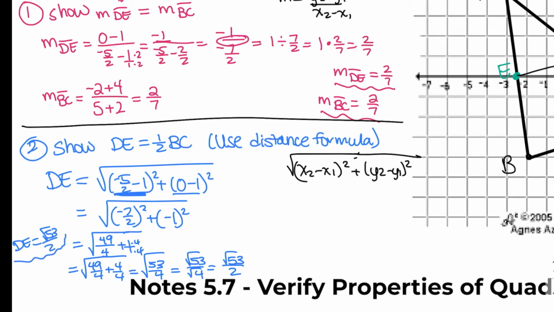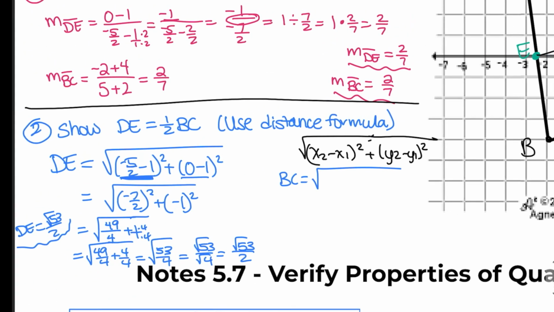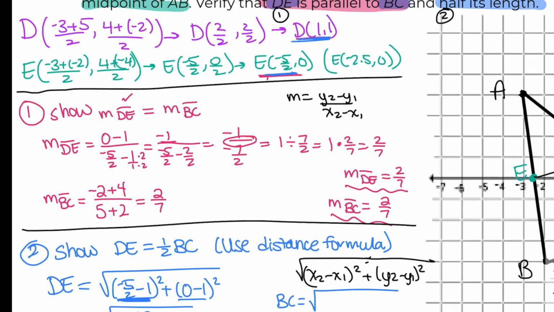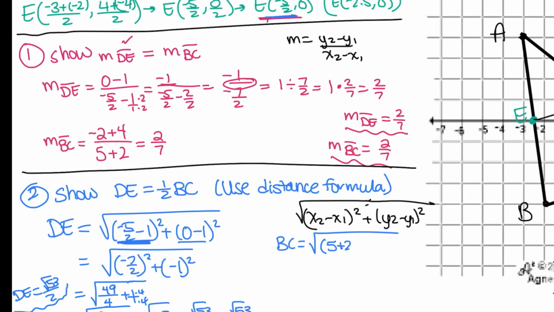Okay, now we also need to find BC. So to find BC, I'm just going to write this out right here. It is going to be the square root of x2 minus x1 squared plus y2 minus y1 squared, where x2 would be 5, x1 would be negative 2, y2 would be negative 2, y1 would be negative 4. So this would become 5 plus 2 squared plus negative 2 plus 4 squared.